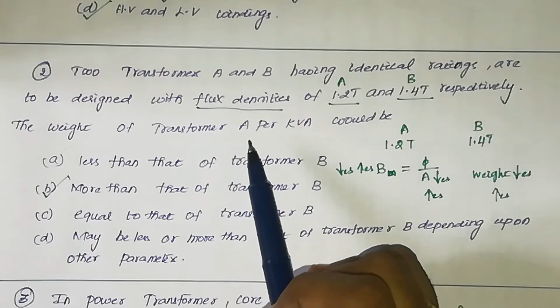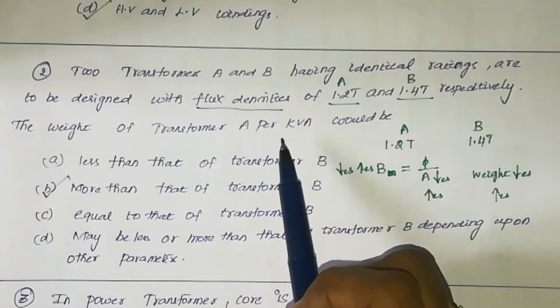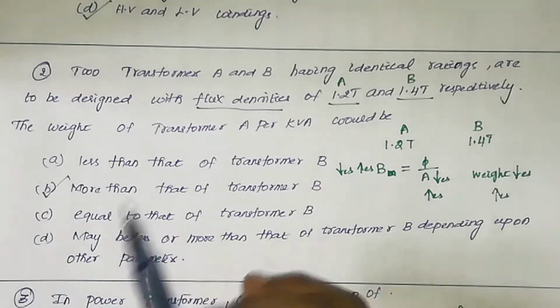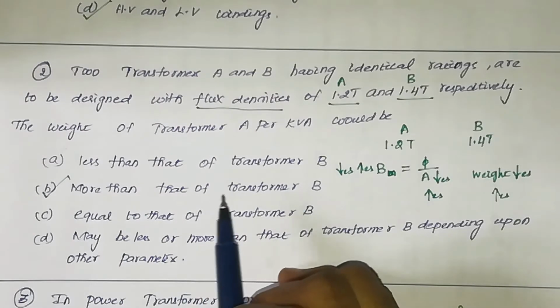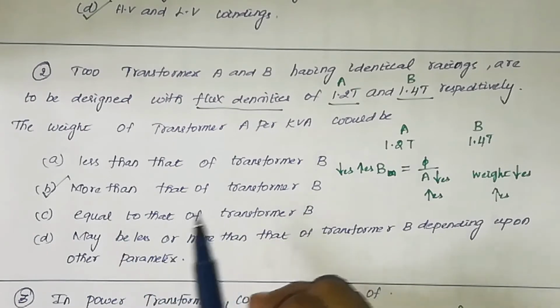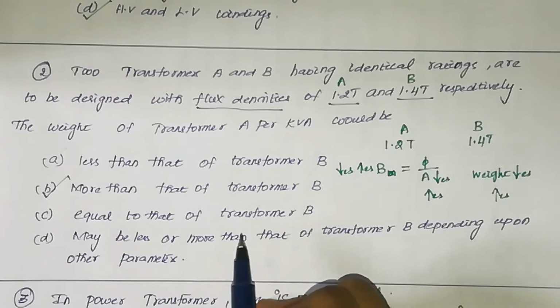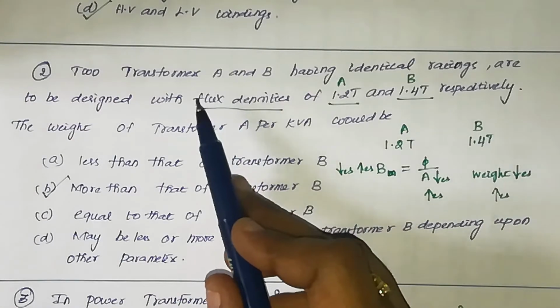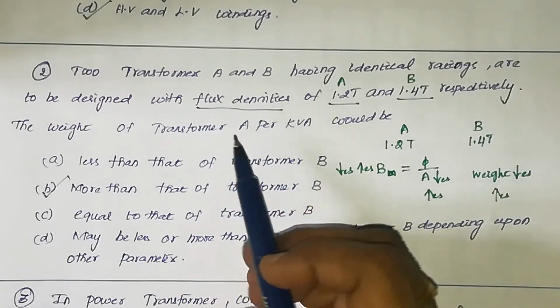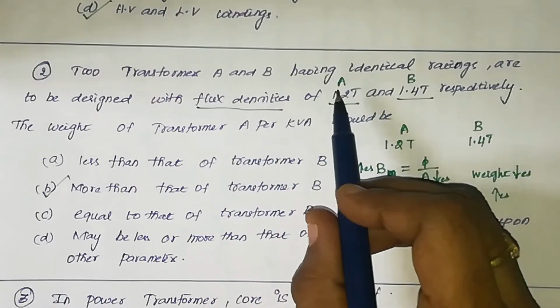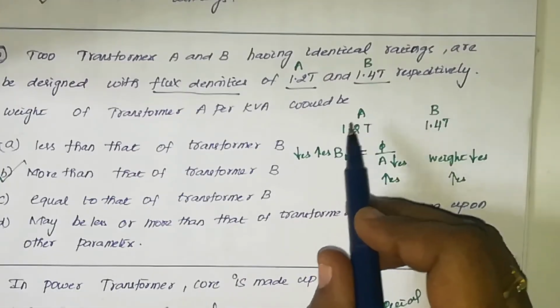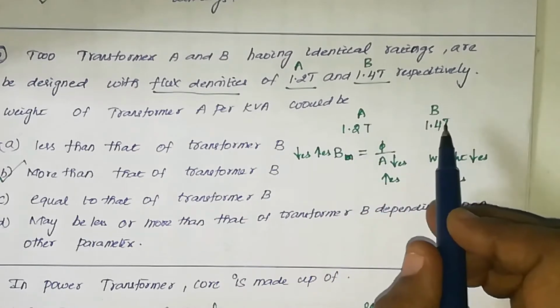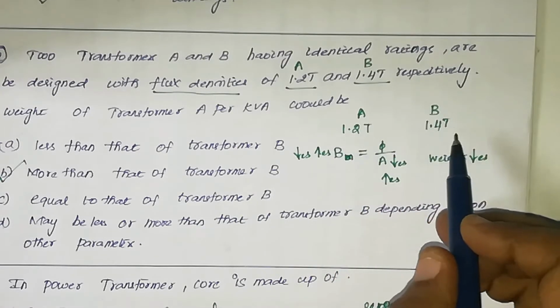The weight of transformer A per kVA would be: less than that of transformer B, more than that of transformer B, equal to that of transformer B, or may be less or more than that of transformer B depending upon the other parameters. In this question they give the flux density of the two transformers A and B. For A the flux density is 1.2 Tesla, for B the flux density is 1.4 Tesla.